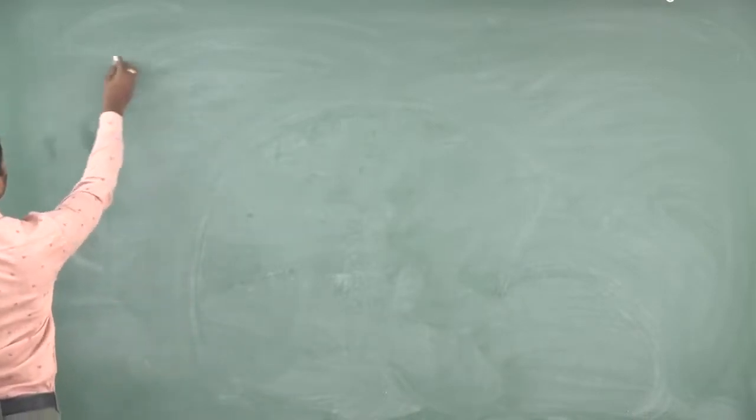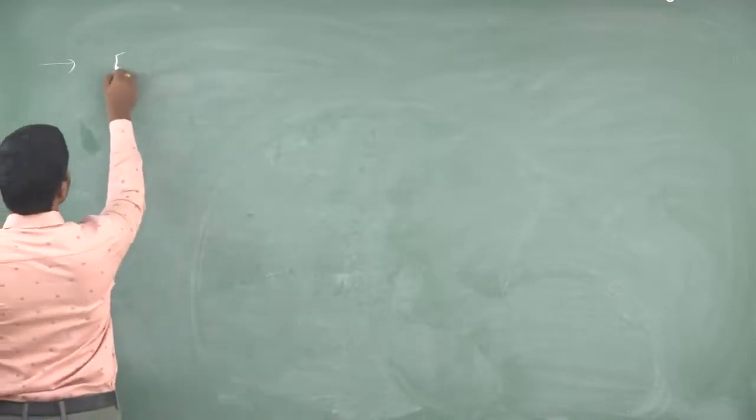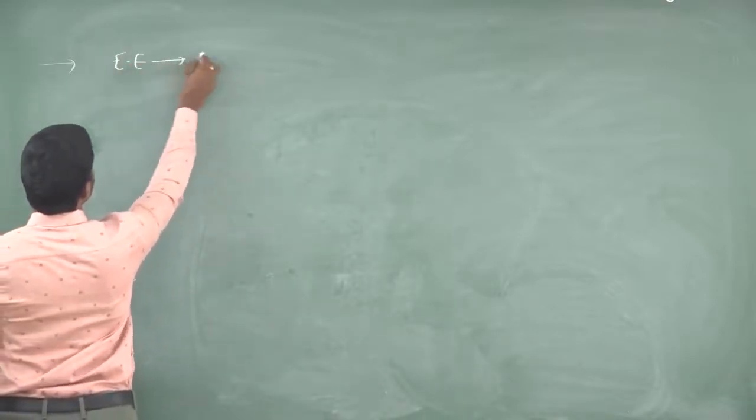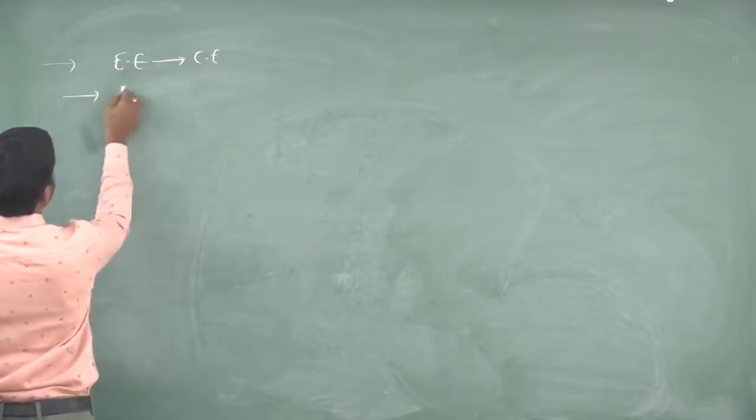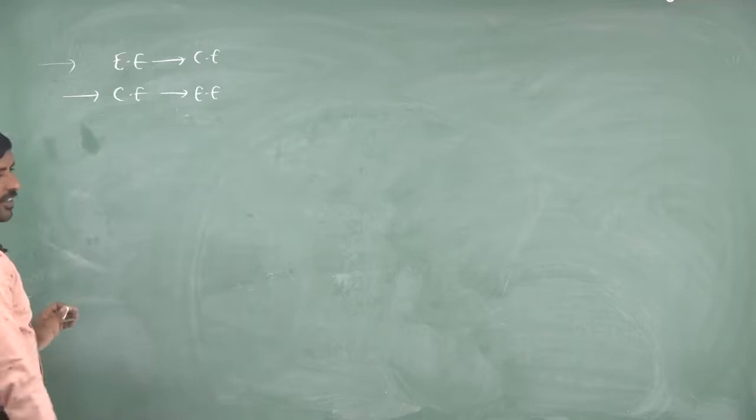Now, electrochemistry, we know electrochemistry deals with what? Electrochemistry deals with conversion of electrical energy to chemical energy and chemical energy to electrical energy.